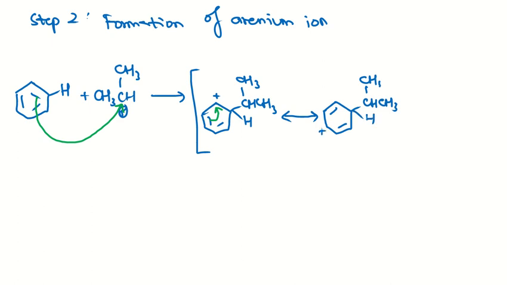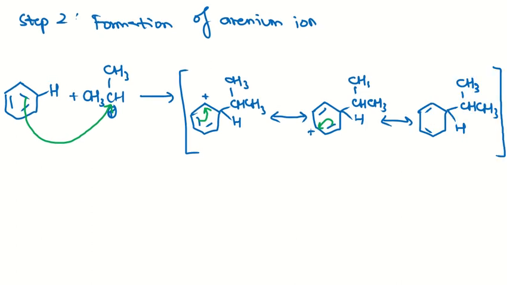So the positive charge will be here, and then this pi electron can be moved here, giving you the third resonance structure. Okay, so I finished all three resonance structures along with this positive charge here. Ingat tunjuk tiga-tiga structure of arenium ion.